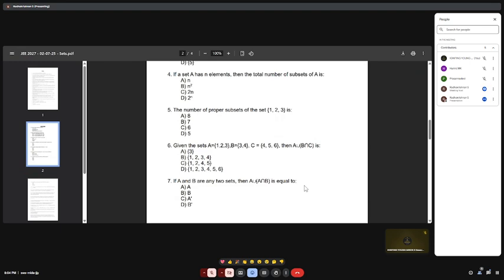So let's look at this. A and B are any two sets. Then A union A intersection B is equal to what?